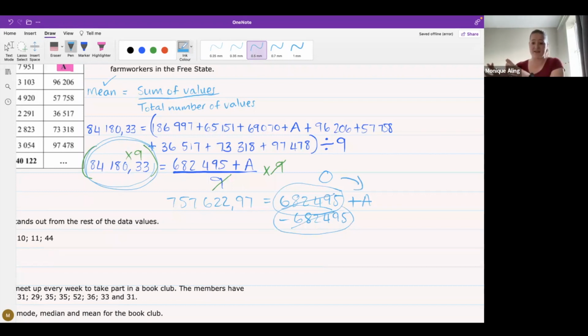But because I've minused on this side of the equal sign, I must do it on the other side. And that's why I minused here 682,495. And that's why we were left with an answer of 75,127.97. And because we're dealing with people, that is why I rounded up. You can't have decimals with discrete data. Does that make more sense?